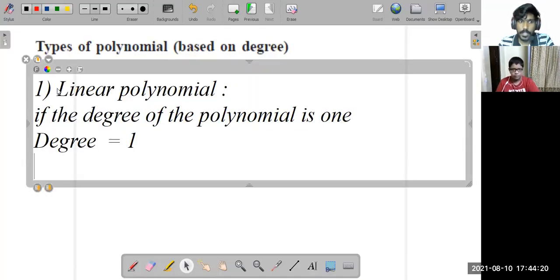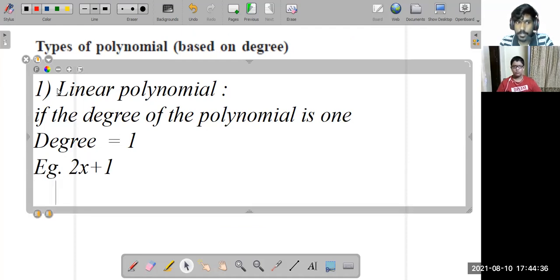Yes, sir. The example, x plus 1. What is the degree of this polynomial? Highest power, 1. So it is a linear polynomial. Okay. What about this? Just 4. Is it a linear polynomial?